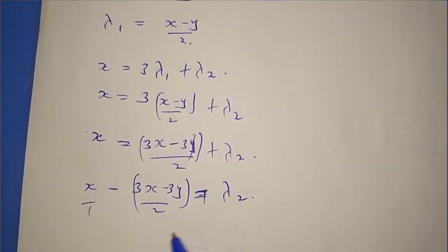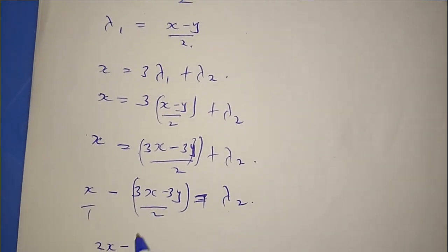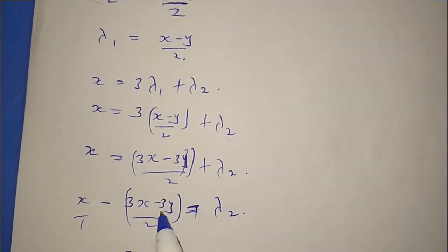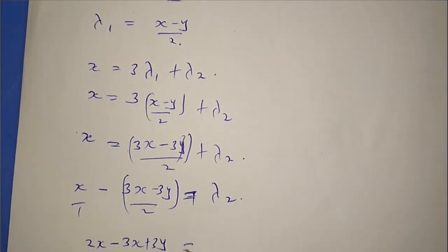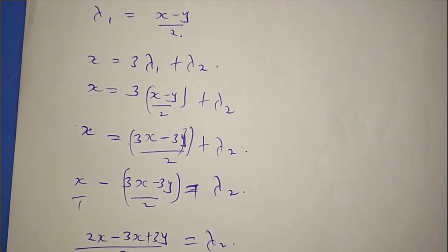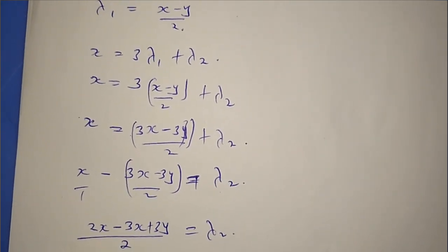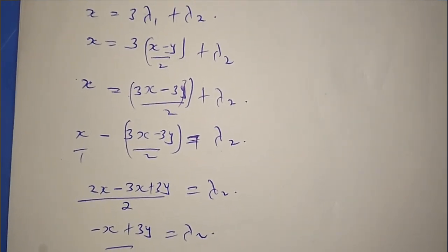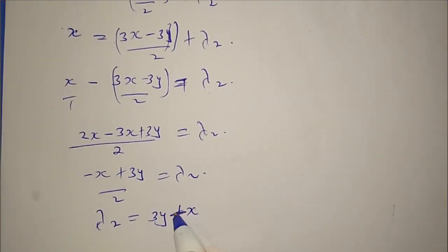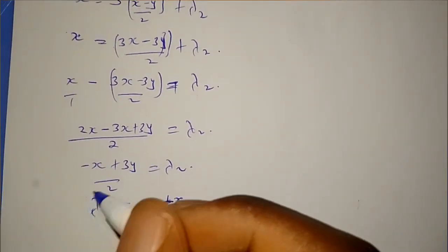The LCM of 1 and 2 is 2. So here it will be 2x minus 3x, plus 3y, is equal to lambda 2. 2x minus 3x is negative x, then plus 3y over 2 is equal to lambda 2, and you get lambda 2 as (3y minus x) over 2.